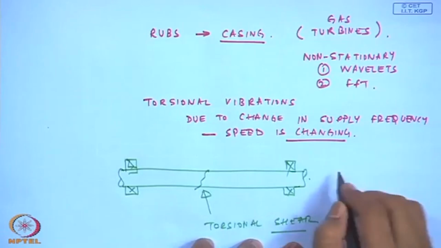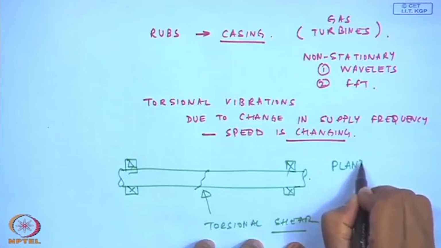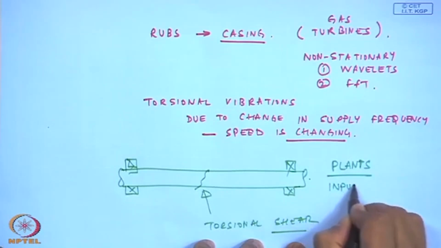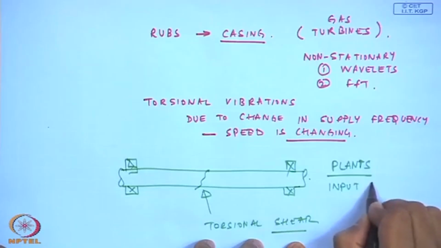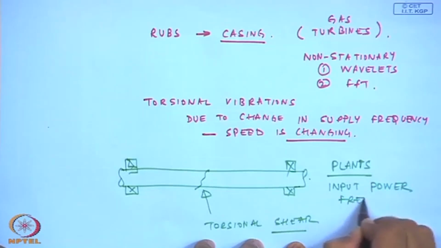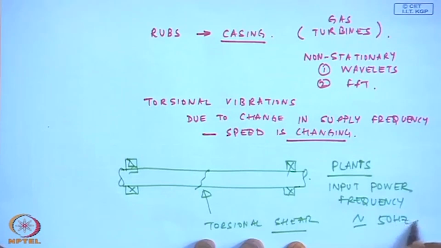So, in many plants, input power frequency, at least in India, has to be maintained constant at 50 hertz.